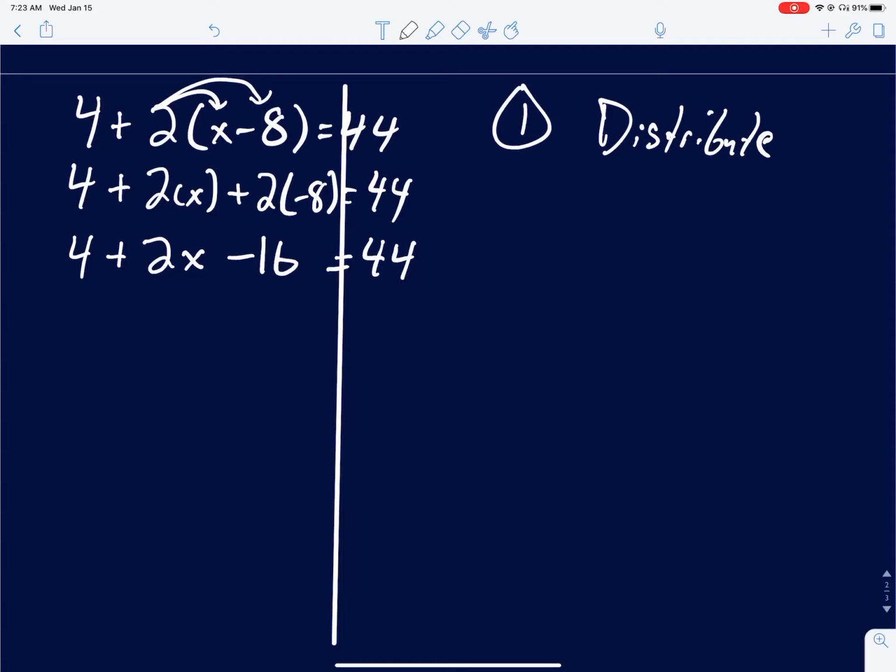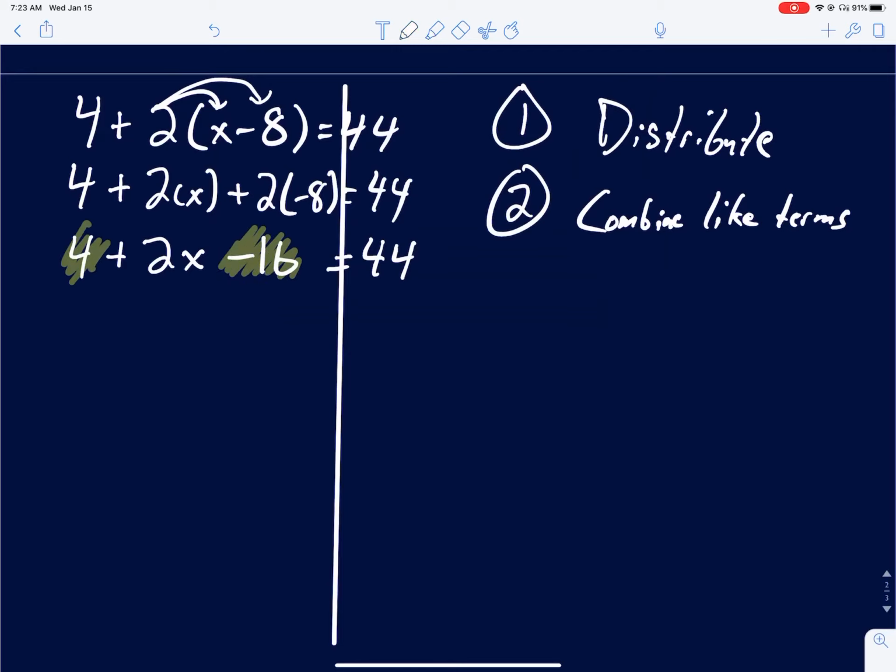All right, now our second step is to combine like terms. So what are our like terms on either side of the equation? Well, it looks like we have -16 and 4. So what is -16 plus 4, or 4 minus 16?